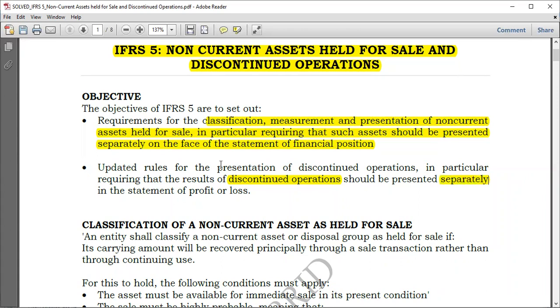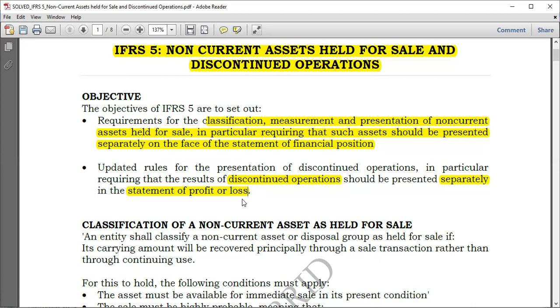Separately in the statement of profit or loss, which means that if, let's say, in the year you have earned revenue of 20 million, but maybe 4 million of revenue was earned from operations that are not going to continue, that have now been discontinued, right? You need to prepare two separate portions in the statement of profit or loss. That means you'll write continuing operations and write revenue of 16 million, and then under discontinued operations, you will say you have a revenue of 4 million.